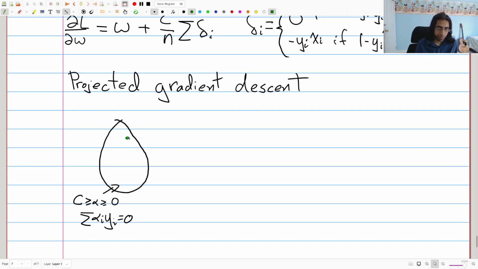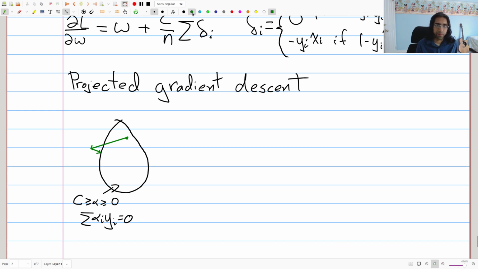Maybe it's in this direction, but that actually takes us out of the possible feasible solutions. So we go here, but then find out that this is not valid. So before doing the next step of gradient descent, we just project it back into the set. We find the closest point within the set and we go back there.